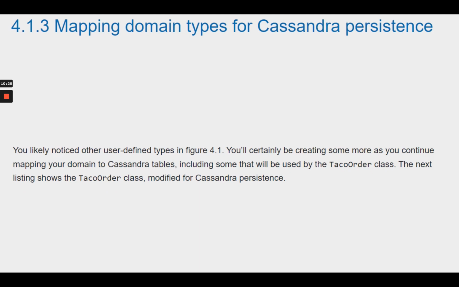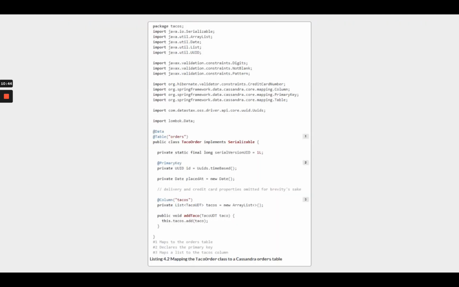You'll likely notice other user-defined types in Figure 4.1. You'll certainly be creating some more as you continue mapping your domain to Cassandra tables, including some that will be used by the TacoOrder class. The next listing shows the TacoOrder class modified for Cassandra persistence. Listing 4.2 purposefully omits many of the properties of TacoOrder that don't lend themselves to a discussion of Cassandra data modeling.